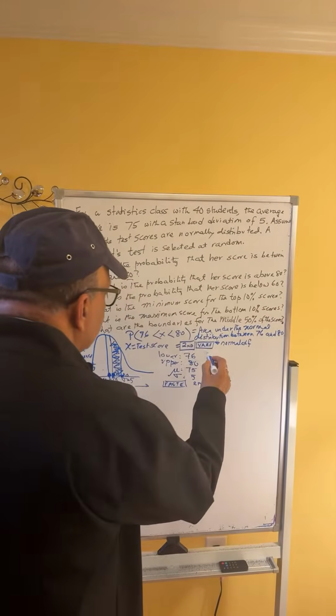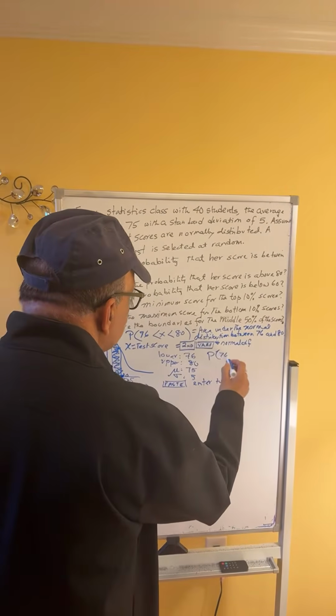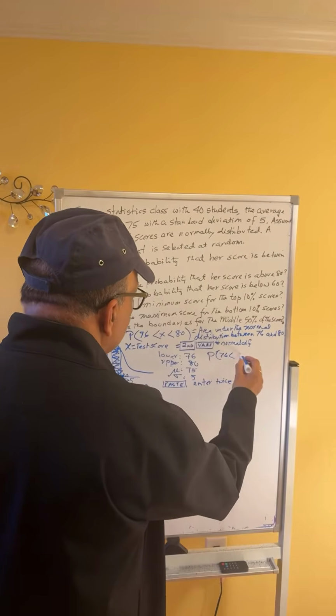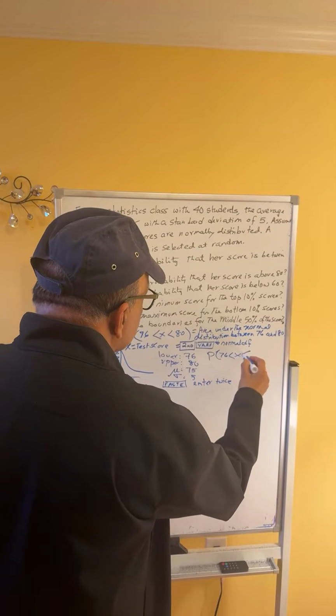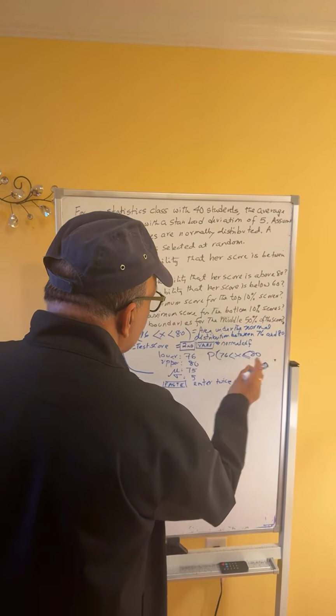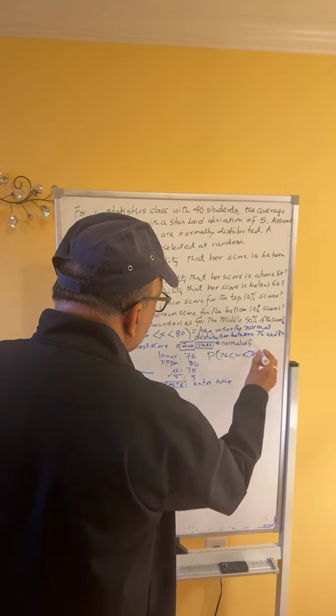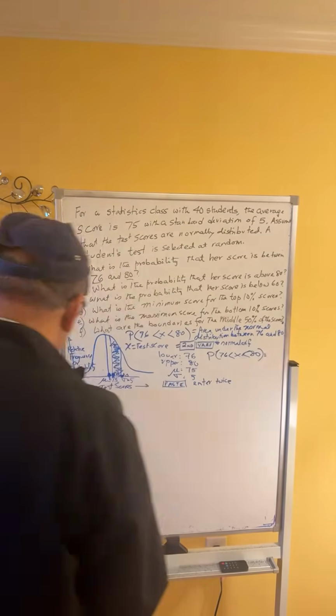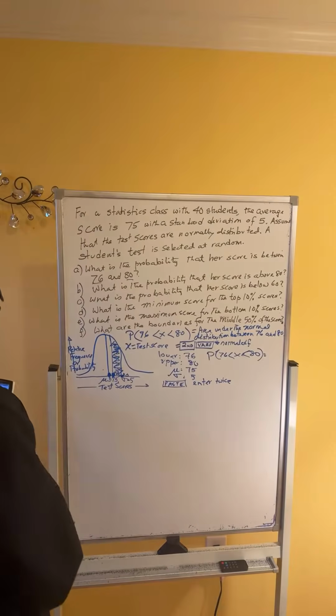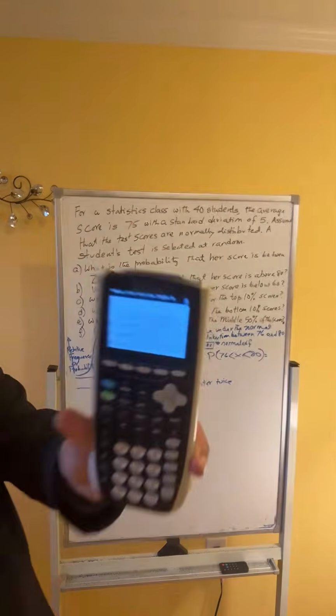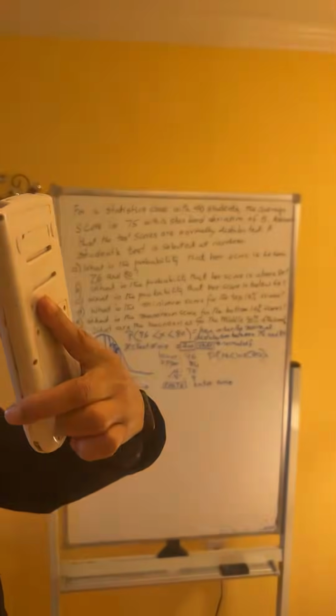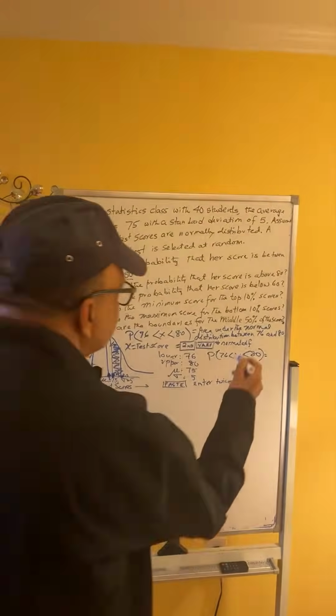So the probability that x, the test score, is between 76 and 80 is equal to, so I'm on Paste, I'm hitting enter once and then enter twice to get the answer, which is 0.262.